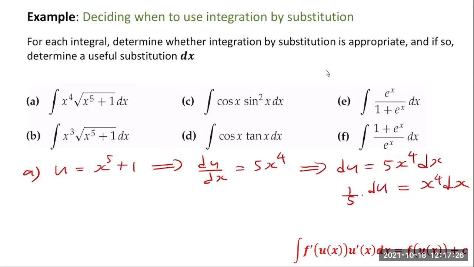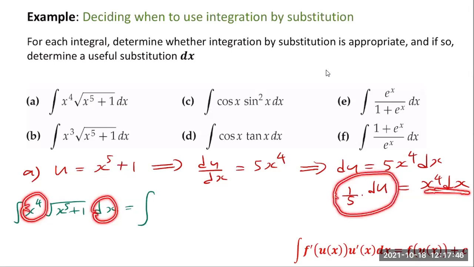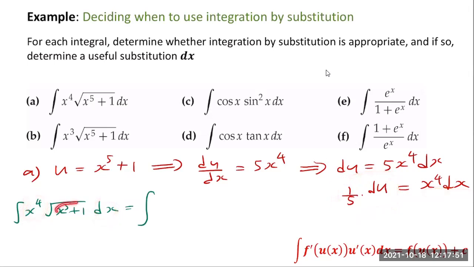Now let's use the U substitution here. So my original integral, which was integral x to the power 4 square root of x to the power 5 plus 1 dx, is equal to, if I use the U substitution, notice that x to the power 4 times dx is 1 over 5 times du, and of course this is your u. So that will become square root of u times 1 over 5 times du.